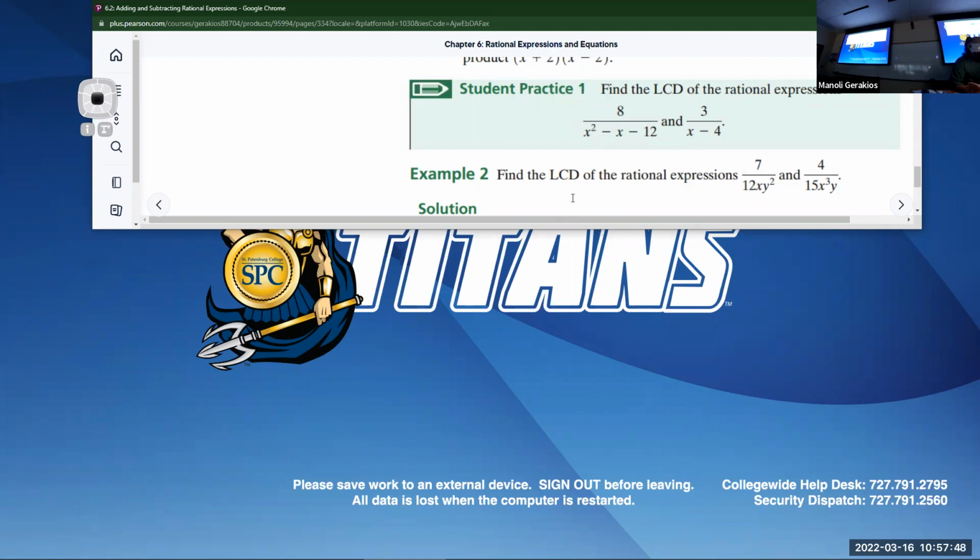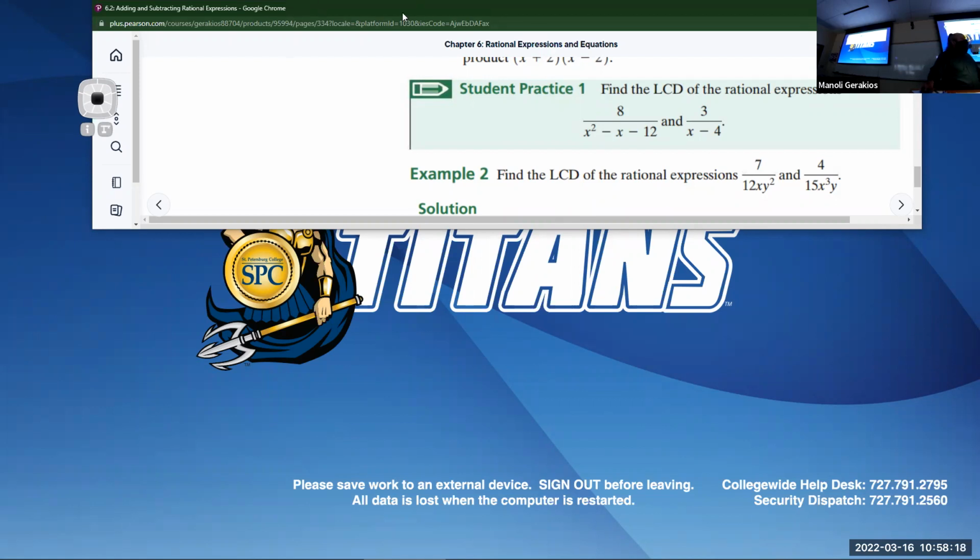So in example 2, they show us 2 rational expressions, 7 over 12xy squared and 4 over 15x cubed y. Make sure I got it right. 7 over 12xy squared and 4 over 15x cubed y.